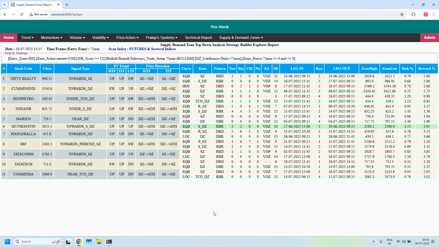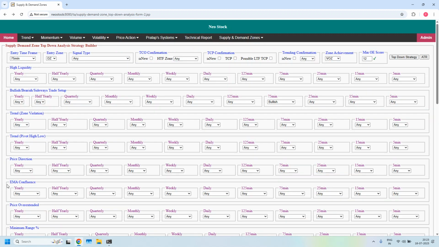We got 11 stocks. In all these stocks, these 75 minutes demand zones overlapped with the daily demand zone and the daily trend is uptrend. So we can further filter with daily EMA confluence.